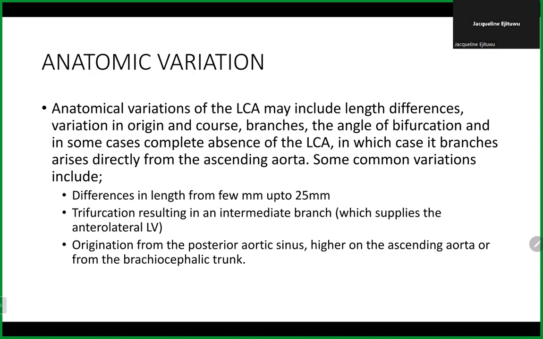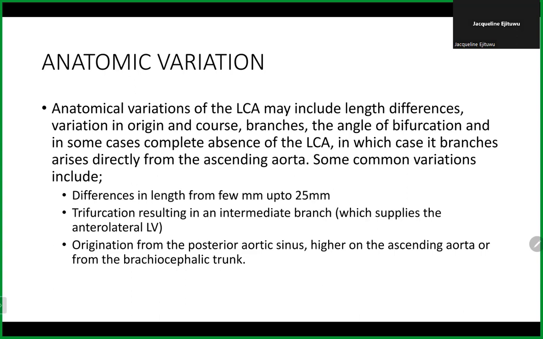It usually arises at an acute angle from the left aortic cusp. And then in some cases, there could be complete absence of the left main coronary artery, in which case it arises directly from the ascending aorta.